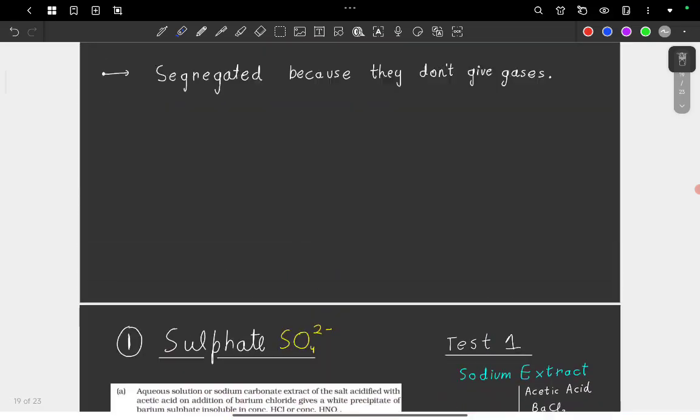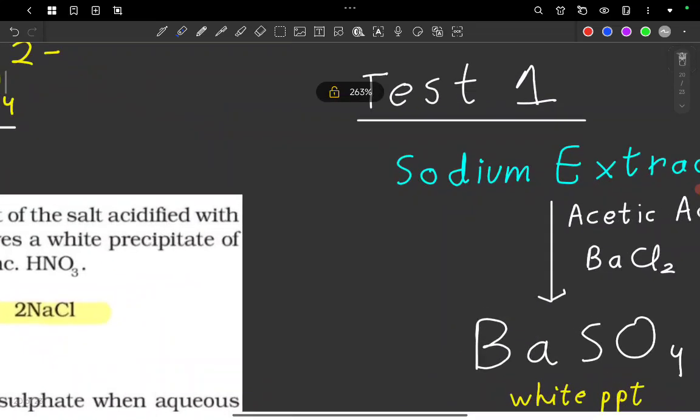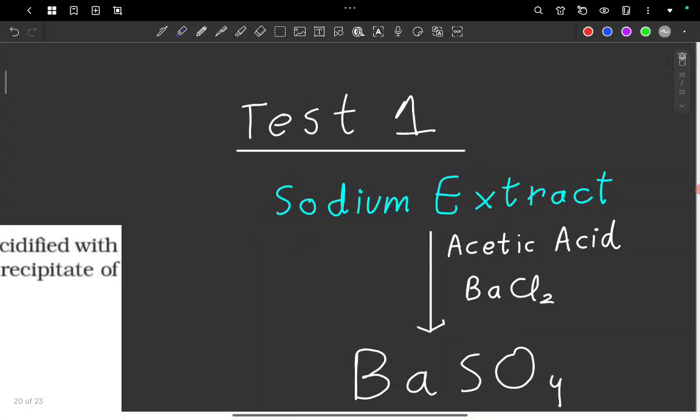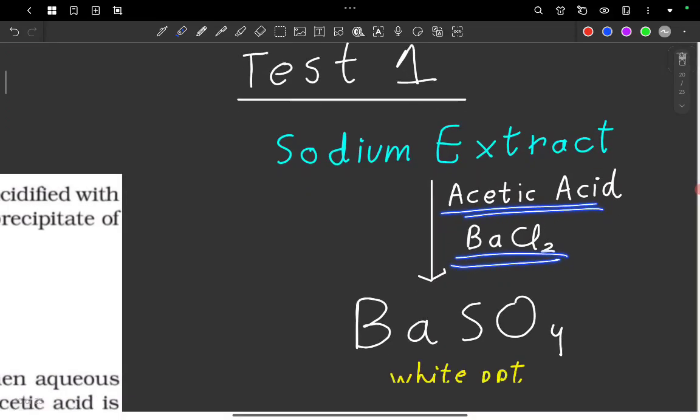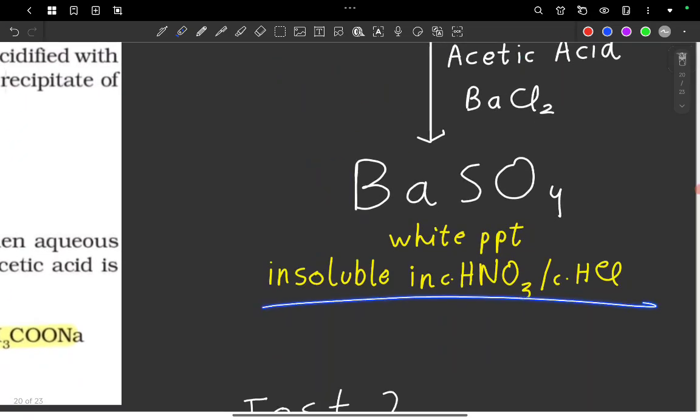And let's do a quick recap. If you have to test for the sulfate ion, there is no preliminary test. All you have to do, you have to take your sodium extract, you have to bathe it in acetic acid and barium chloride solution, which will give you a white precipitate, which will be insoluble in concentrated HNO3 or concentrated HCl.